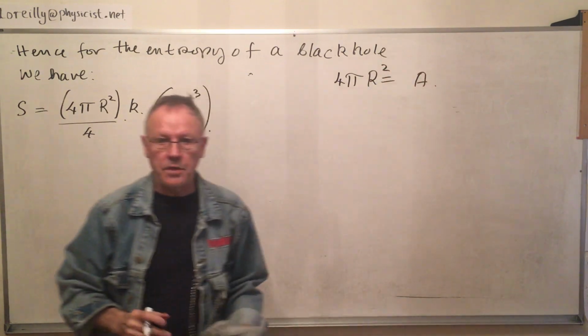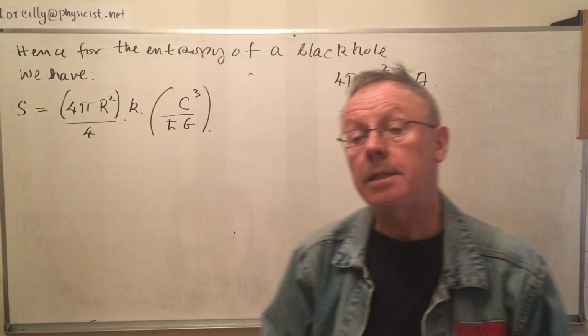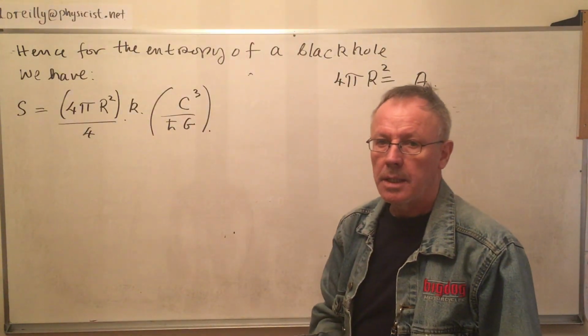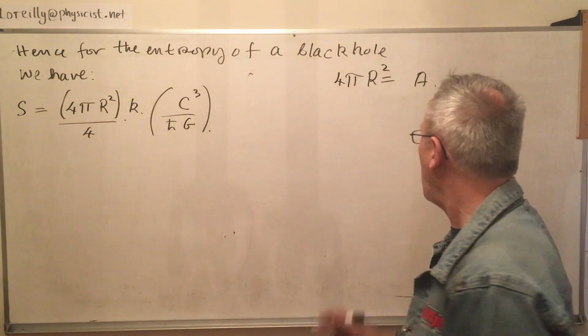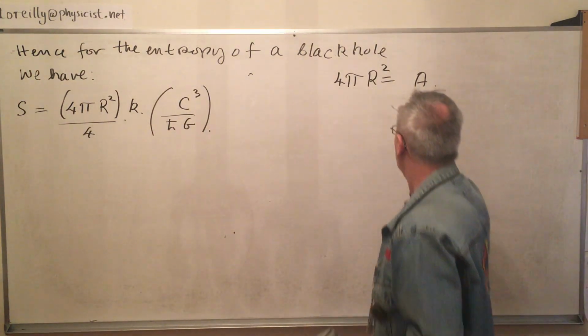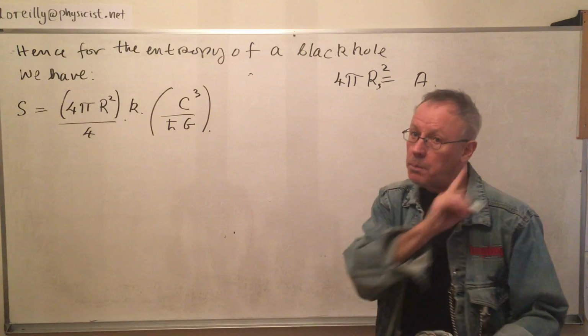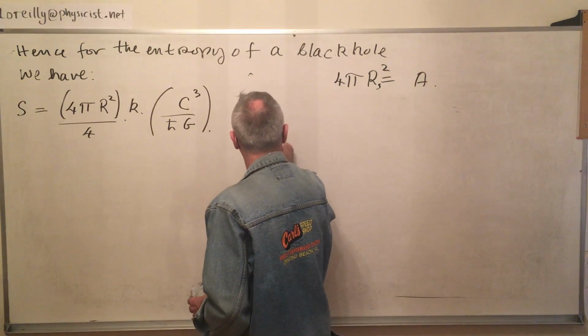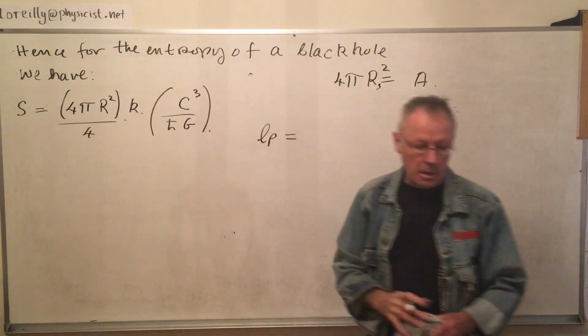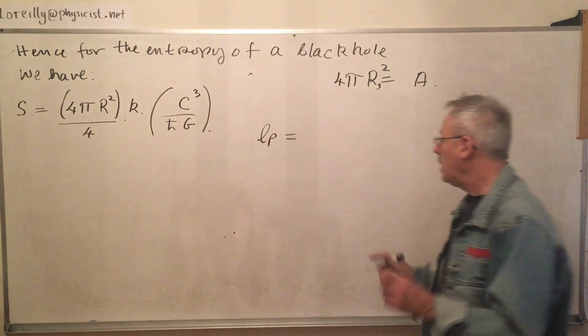Now the surface area of a sphere is 4 pi r squared. It's the surface area of this black hole, the horizon. The surface area of the horizon is 4 pi r squared. I could keep writing a subscript s there, I just don't bother. Also, I remember what this was. I've derived the Planck length expression a long time ago in a whole lecture.